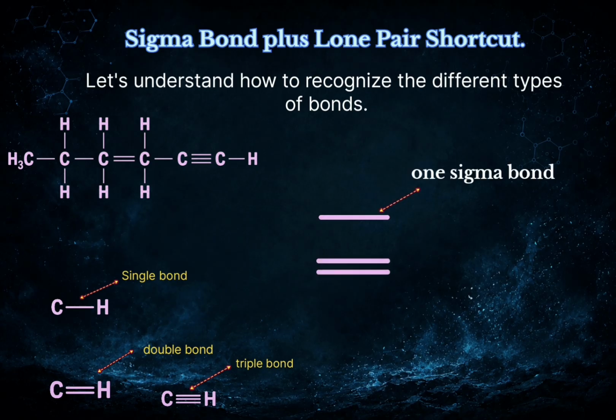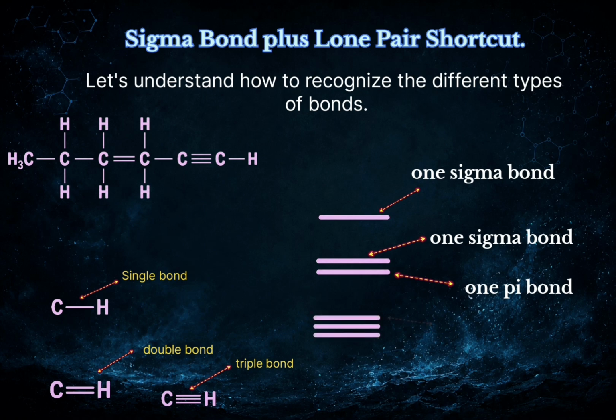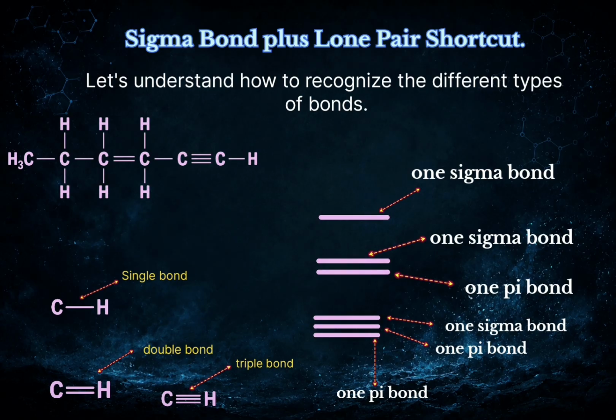A double bond contains 1 sigma bond and 1 pi bond. The first bond is always the sigma bond, and the second bond is the pi bond. A triple bond contains one sigma bond and two pi bonds. Again, the first bond is always the sigma bond, while the second and third bonds are pi bonds.